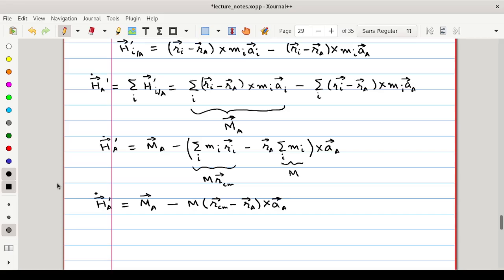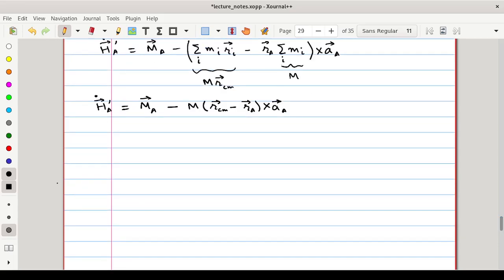Now we can simplify this relation for some cases, actually 3 cases. The simplified, easier to remember relation is that the rate of change of relative angular momentum is equal to the net external moment acting on the system, and there are a few cases for which this is valid.